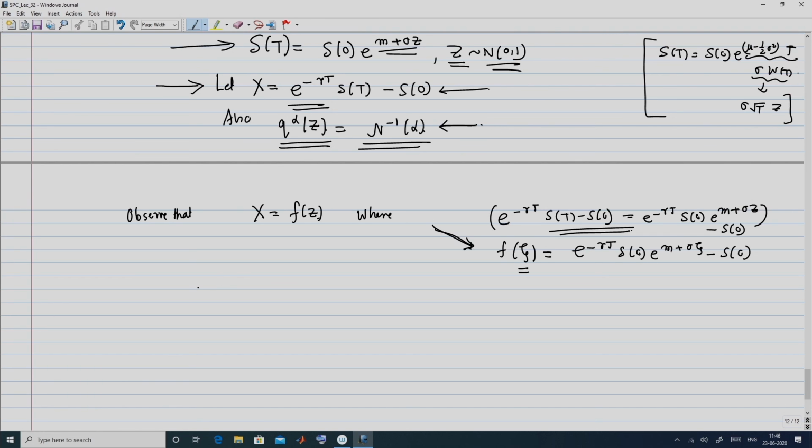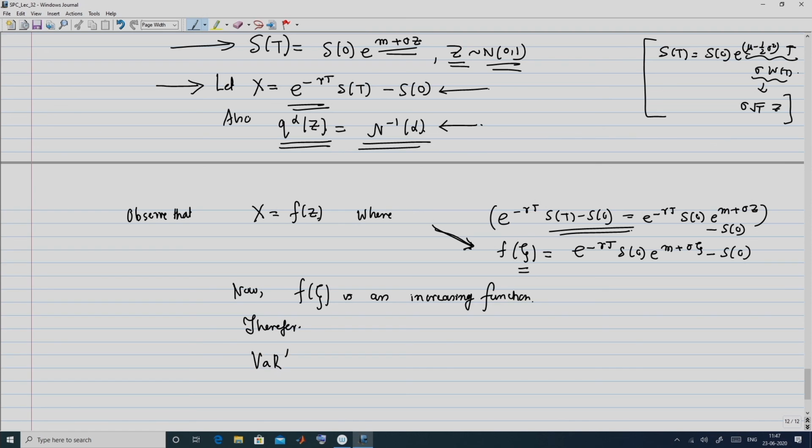Now, you observe carefully. Now, this f of zeta is an increasing function, right. So, therefore, what do we get?